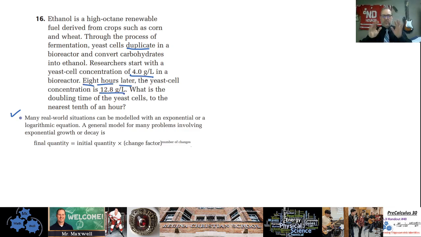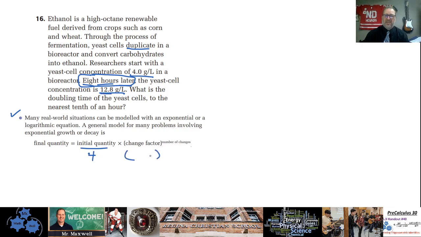So if we stop there right now, we're starting with 4 grams, and there's some kind of rate of change, right? There's a rate factor, and every time this rate factor is applied, it gets bigger and bigger, and after 8 cycles of this rate change, we're at 12.8. So I'm looking at it like this. I have an initial quantity of 4.